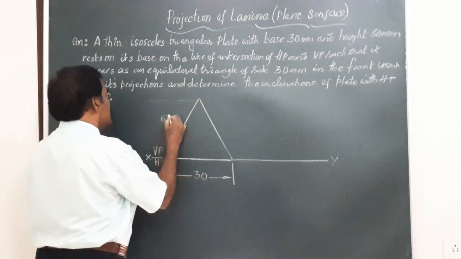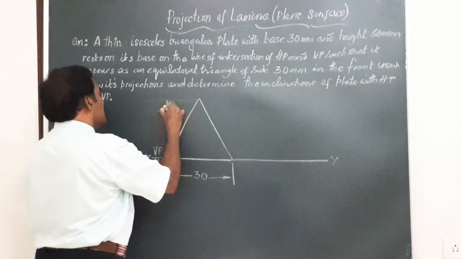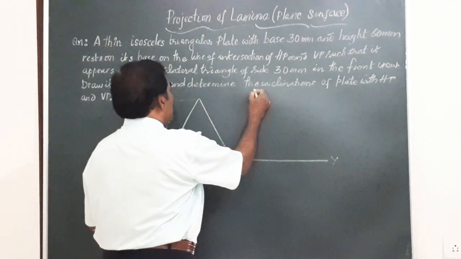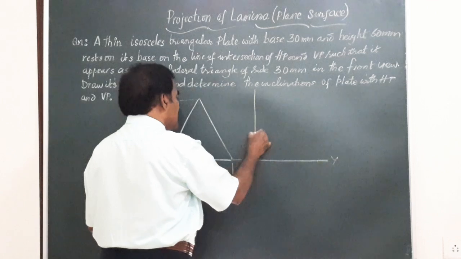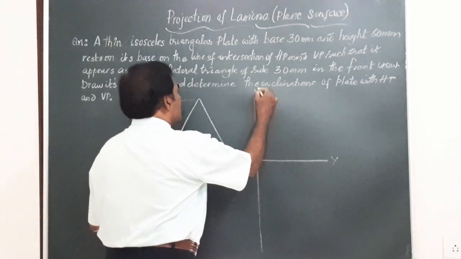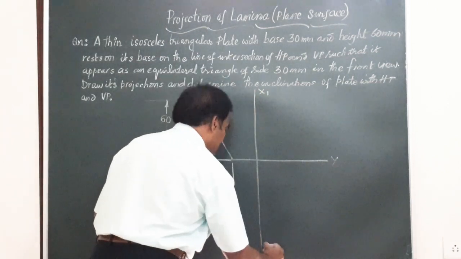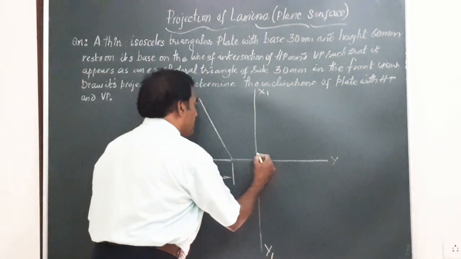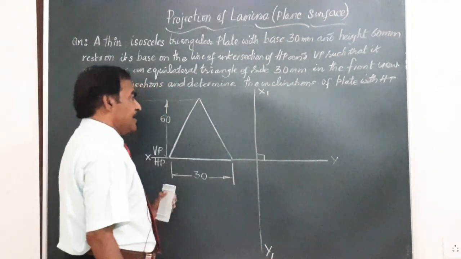It is 60 millimeter. So, let me not mark any A, B, C, D, etc. So, I am going to write adjacent to that, at any convenient distance, a line X1, Y1, that is the line of intersection of VP and HP, and this is perpendicular to the XY line.